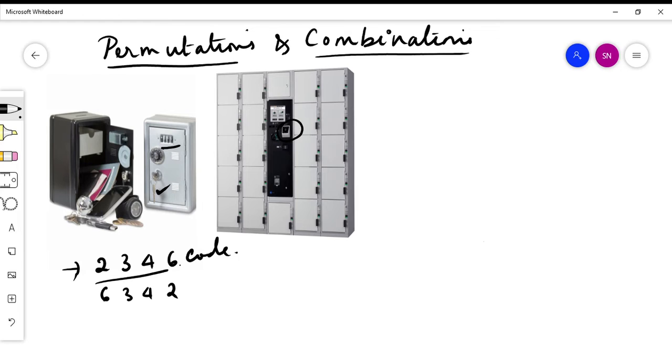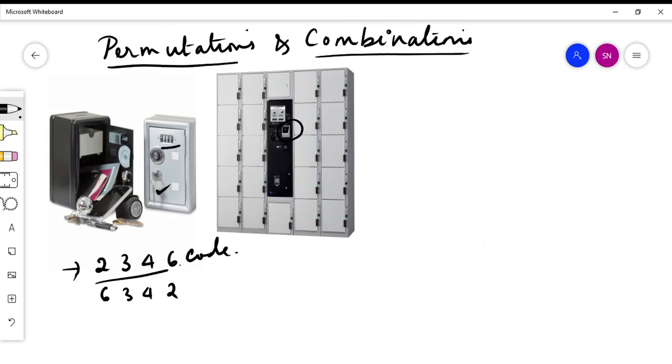So if the locker code is 2346 and I substitute some other number, will my locker open? No. So when I start putting that code word, 2346, after 2 you put the number 3, after 3 you put the number 4, and finally after 4 you put the number 6 onto the locker. So there is a systematic arrangement of numbers one after the other, so that the locker opens.